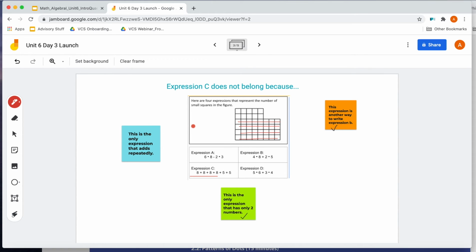But you might just choose to pick one, either the one that has the most responses of why it doesn't belong, or the one that has the least, and ask students why they felt that expression best represented the figure. Or I might really want to focus on either C or B, because I could see that connection between those really easily, and that's something that is going to help students as we move forward.